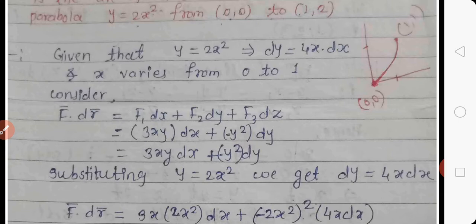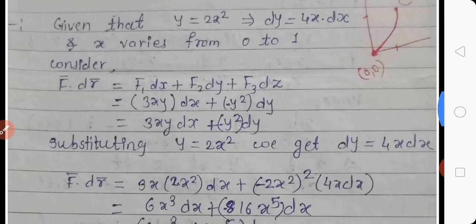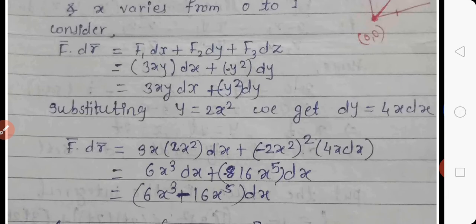Now substitute y is equal to 2x squared, we get dy is equal to 4x dx. Substitute the values here and we can reduce all these to a single variable, either in terms of x or in terms of y. Remember, for evaluation of a line integral we always write all the variables in a single variable.